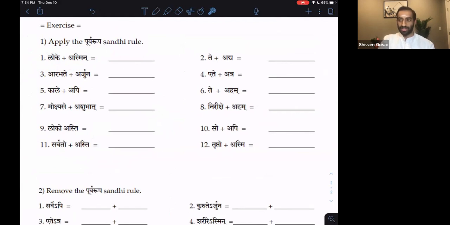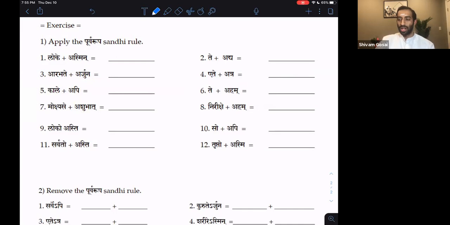Lokesmin duvida nishtha, second chapter of Bhagavad Gita. Arabhate plus Arjuna becomes Arabhaterjuna. You can write the avagraha or not write it, to show where the akara was. Kale plus api, kalepi, what we've seen before.